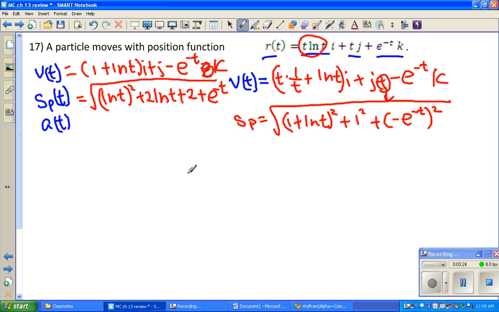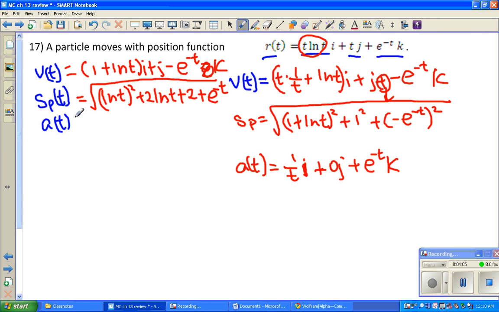Now, in order for us to get the acceleration, we just have to find the derivative of the velocity. Now here 1 becomes 0, so we only have 1 over t left for i, and j becomes simply 0j, and then lastly it becomes plus e to the negative t, because the negative sign has been cancelled out by the negative 1 from here as we take the derivative.